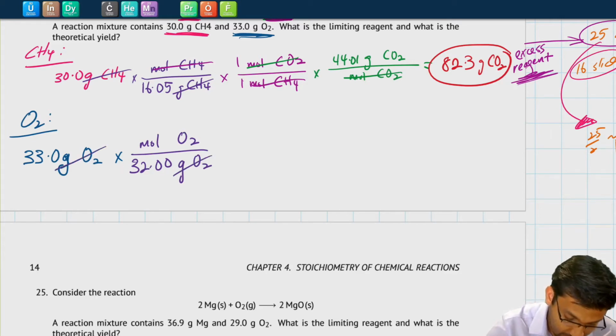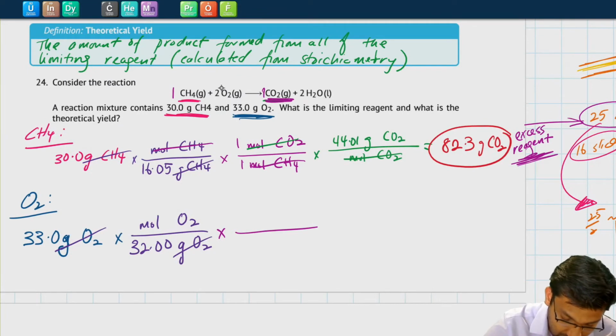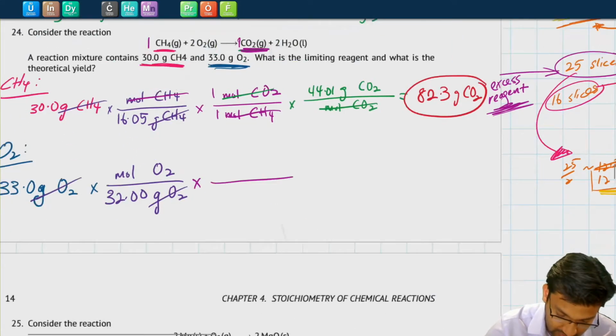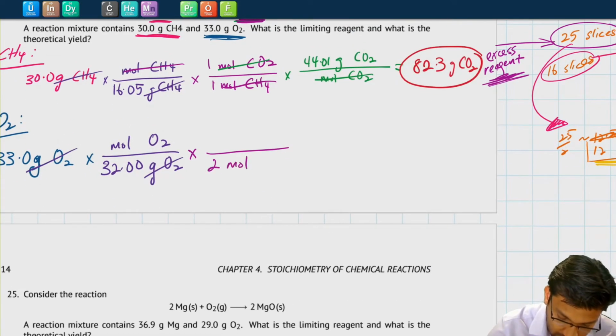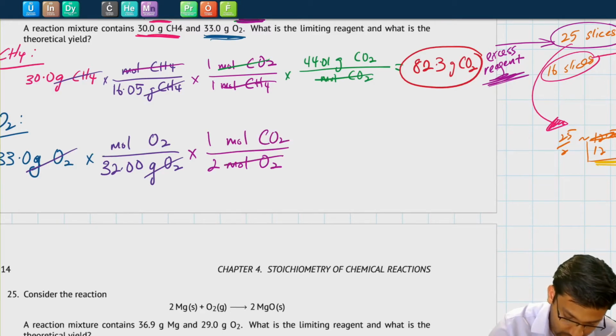So that cancels out. Now we can convert from moles of oxygen to moles of carbon dioxide. In our mole ratio here, for every 2 moles of oxygen, there's 1 mole of carbon dioxide. So let's do that. 2 moles of oxygen for 1 mole of carbon dioxide.